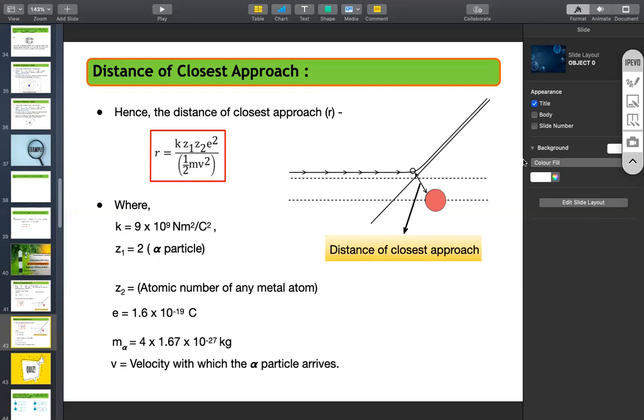Very good, Saket, correct answer. Helium is 4 AMU.